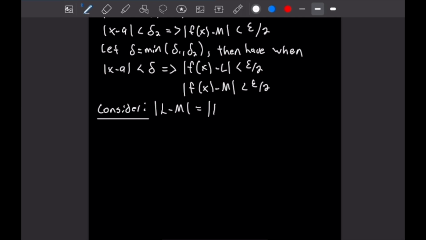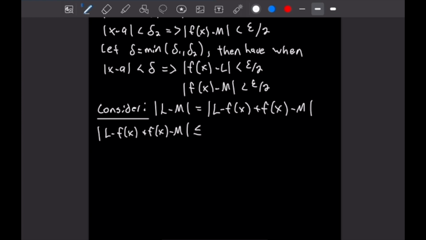So this is going to equal L minus f of x plus f of x minus M. And now we are going to use our triangle inequality. So we know that the absolute value of L minus f of x plus f of x minus M is less than or equal to the absolute value of f of x minus L plus the absolute value of f of x minus M.